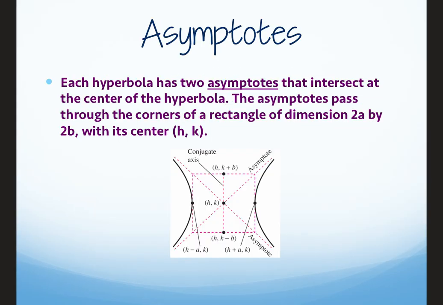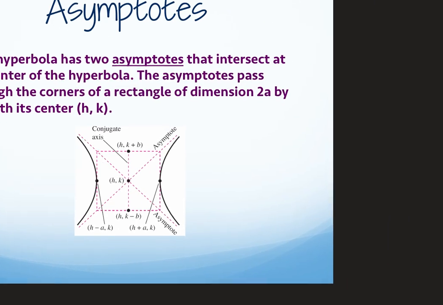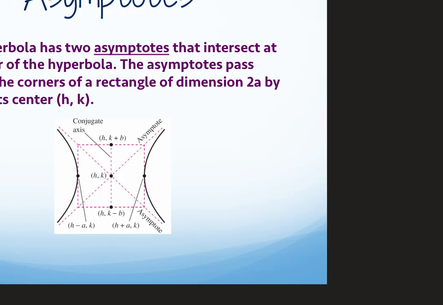Okay, now we're going to talk about those asymptotes. The asymptotes are used to tell you how wide or narrow to make your branches, okay? They pass through the corners of a rectangle with dimensions 2A by 2B with a center at (h, k). So when we draw this, we're going to find our center. Let's say our center is at the origin, and let's say it's horizontal.